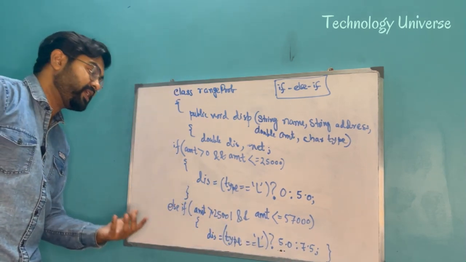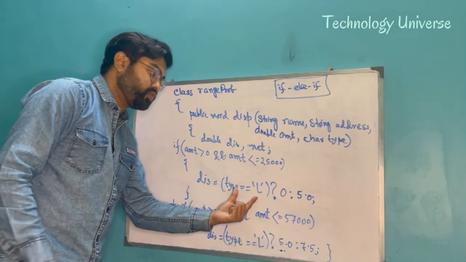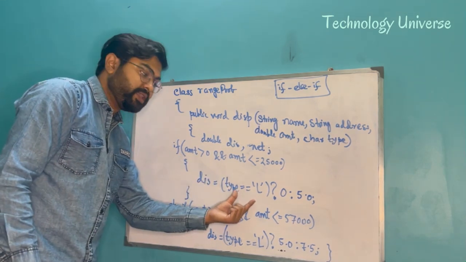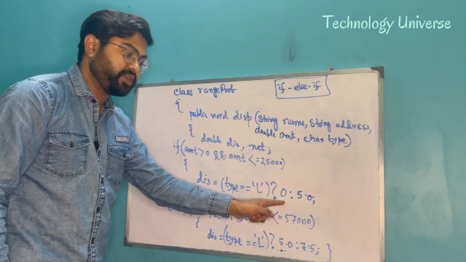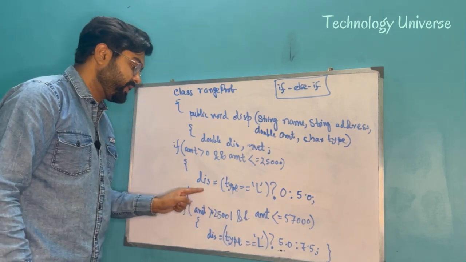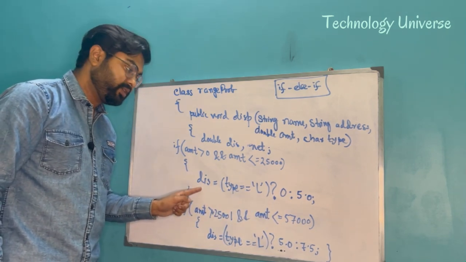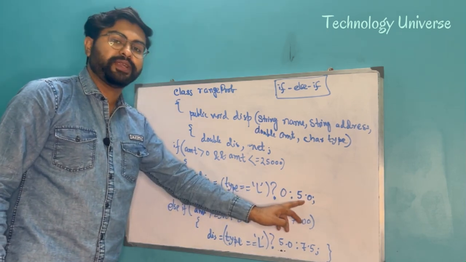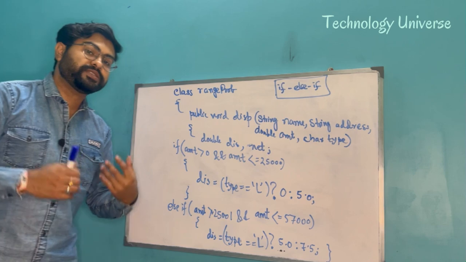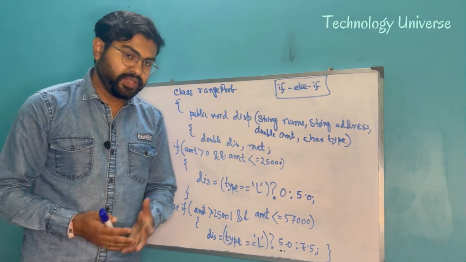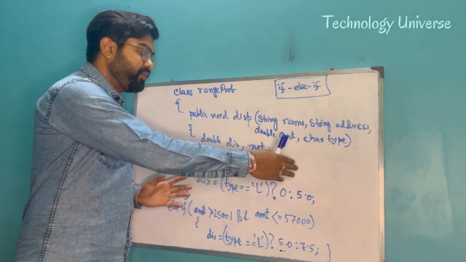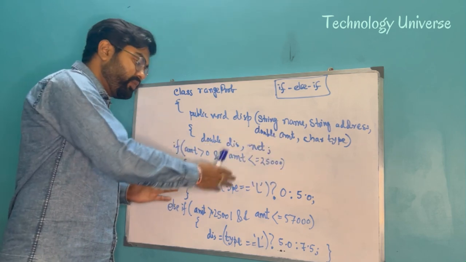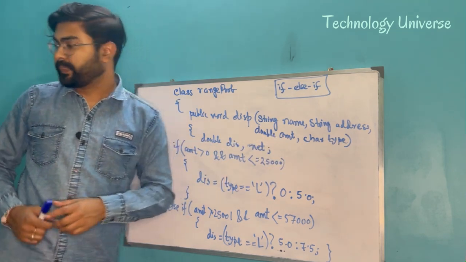In the ternary operator, if the condition is true, the question mark means that this would be the value returned. That value is assigned to the discount variable, and the colon means else. If the condition is false, then this would be returned. So the ternary operator is a substitute for the if else statement. In one line, if you want to write the if else condition, we can use the ternary operator.